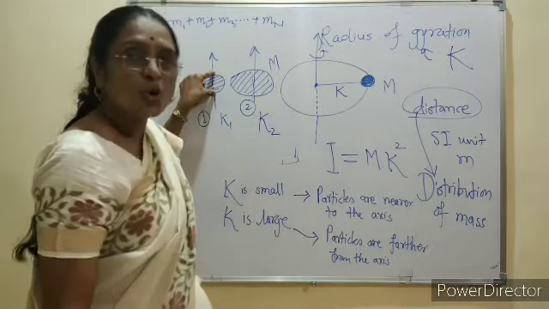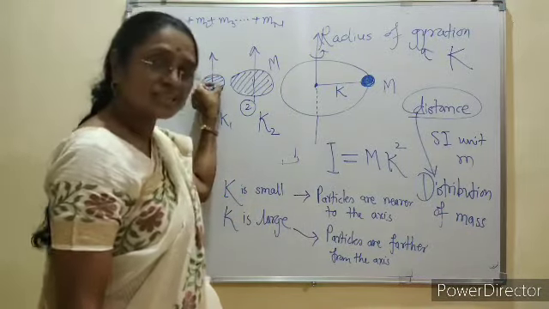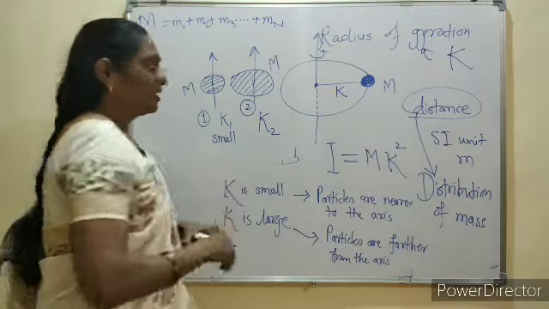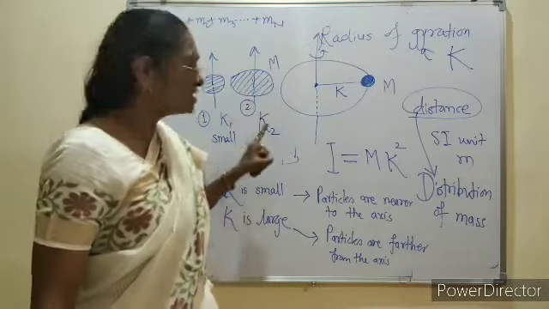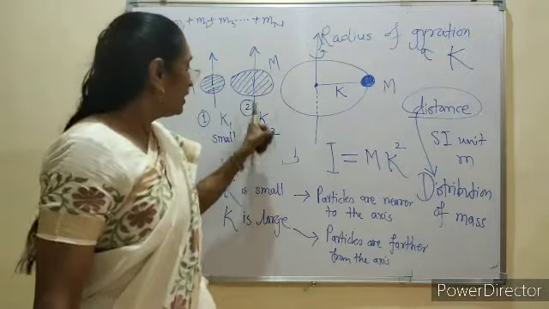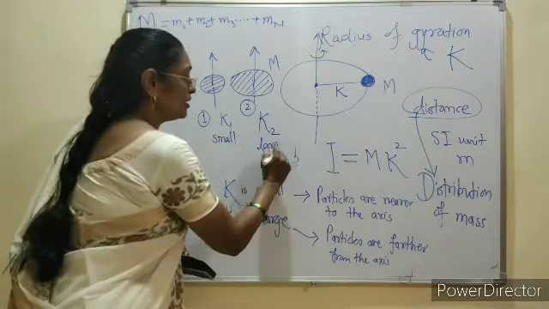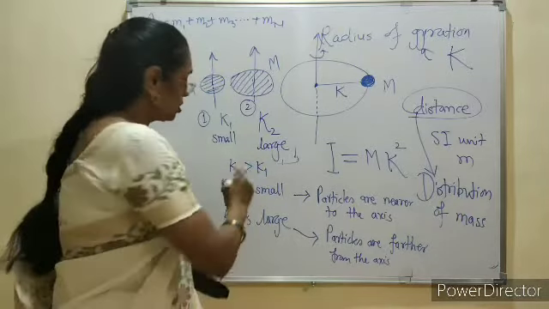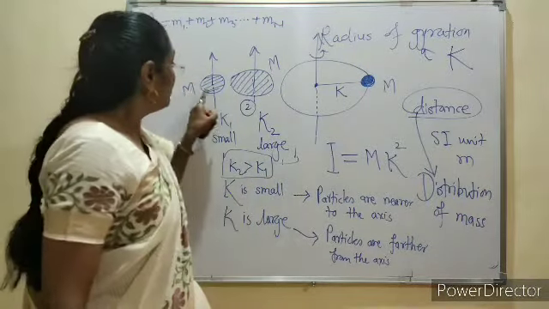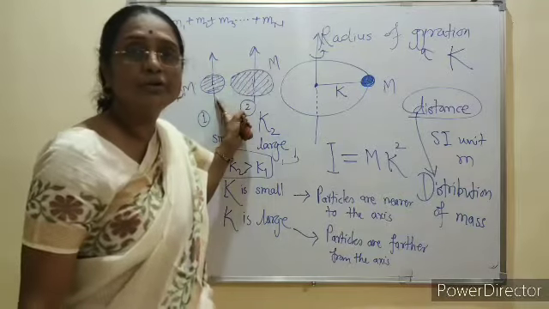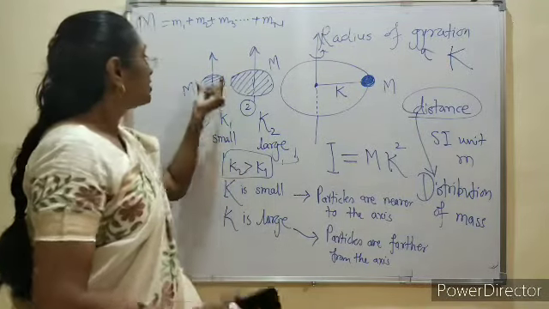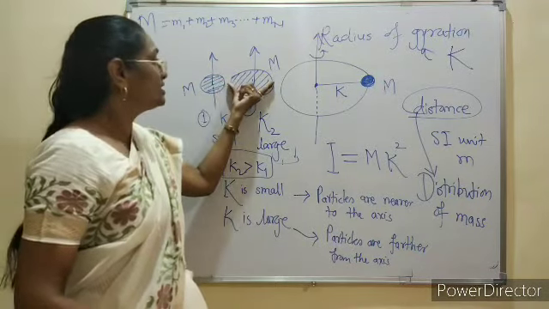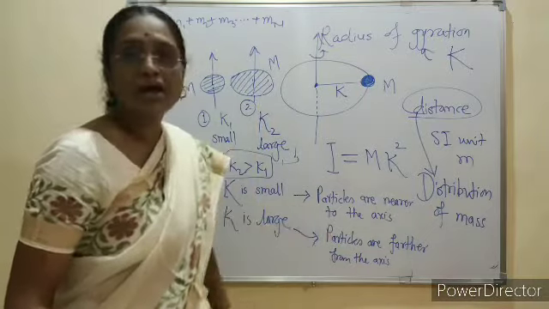As the first disc is small, mass is concentrated near the axis, therefore k1 is small. For the second disc, k2 is found to be large. Here k2 is greater than k1 because, even if the masses are the same, in the first disc mass is concentrated near the axis. In the second case, mass is farther from the axis.